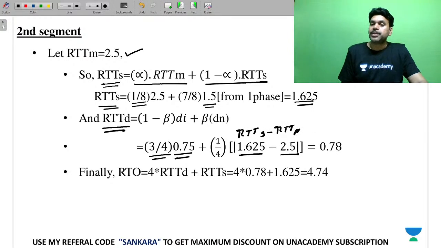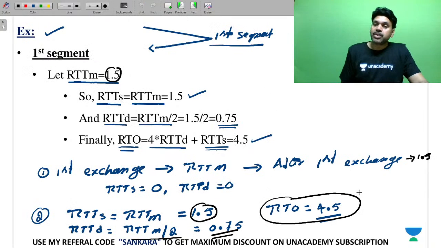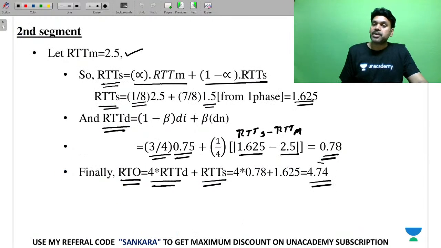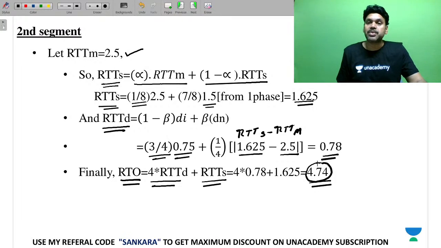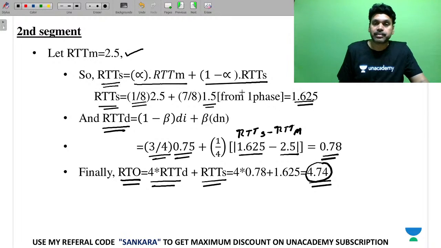So what is the value? It is going to be 0.78. Now finally, what is your RTO value? 4 times your deviation plus your smoothed RTT, which is 4.74. So first it is 1.5, then second it is 4.5, third it is 4.74. So this is how it is to be done.